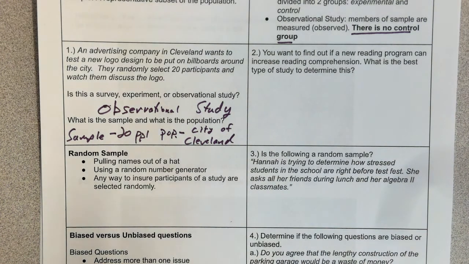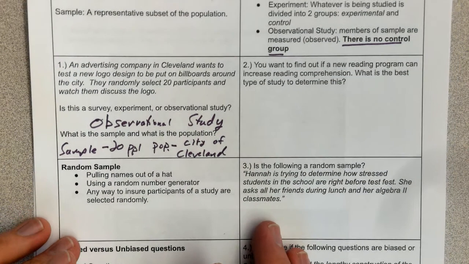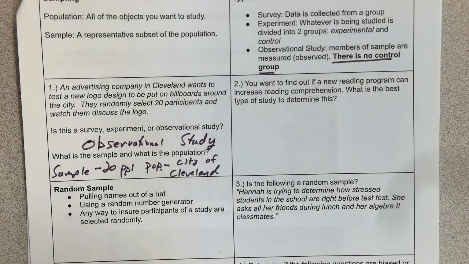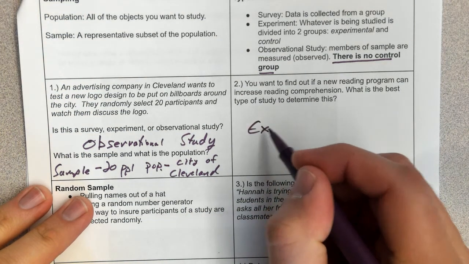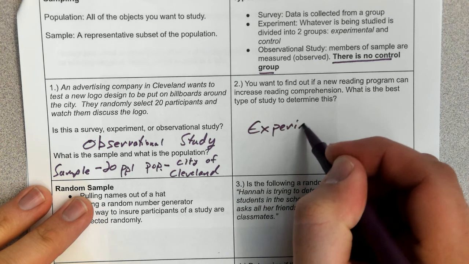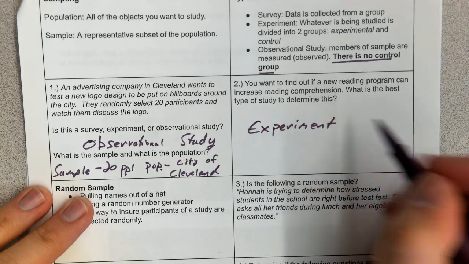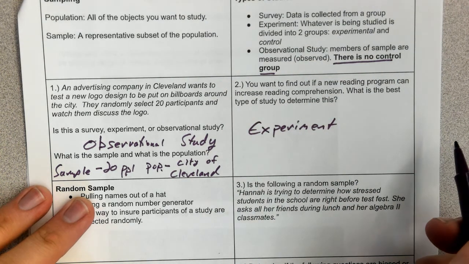Number two, you want to find out if a new reading program can increase reading comprehension. What is the best type of study to determine this? Again, you might think about this for a second. If you want to test if a reading program is going to work, or any program really, then the best thing to do is an experiment where you take one classroom and give them the reading program, and take another classroom and not give them the reading program, and see which one does better.